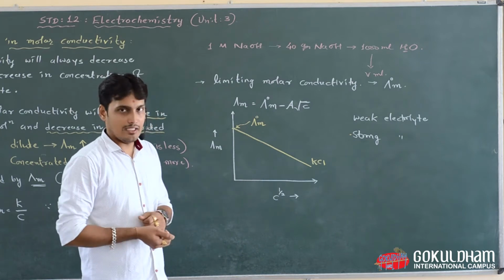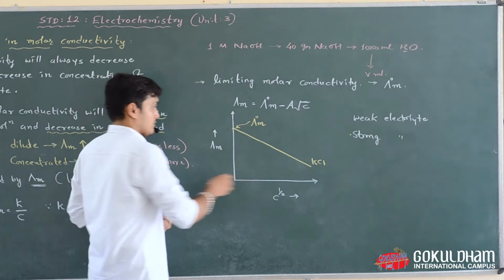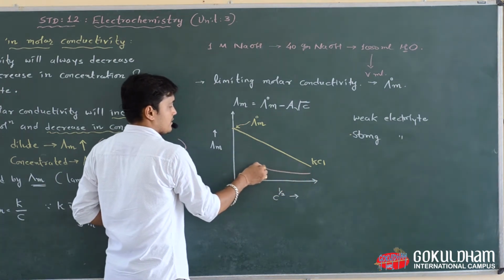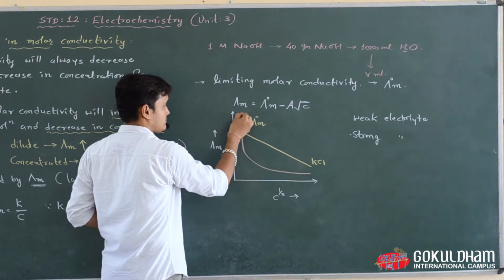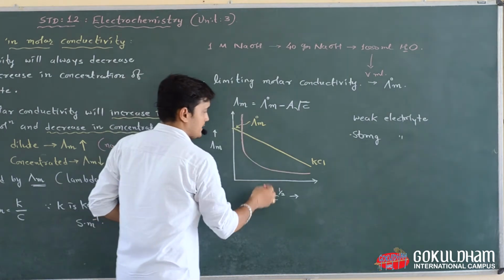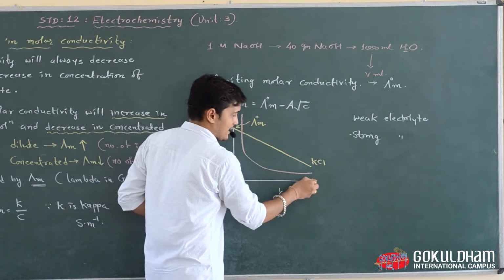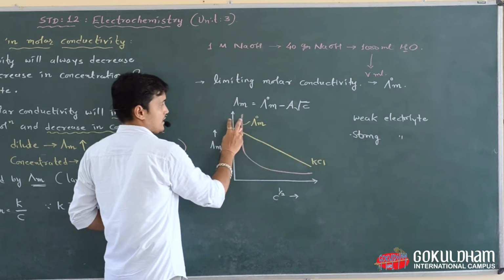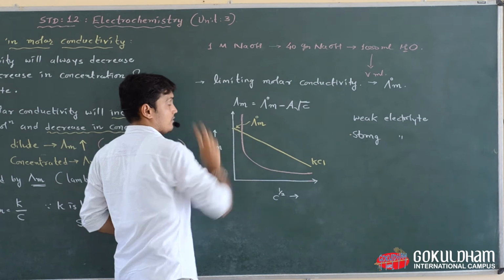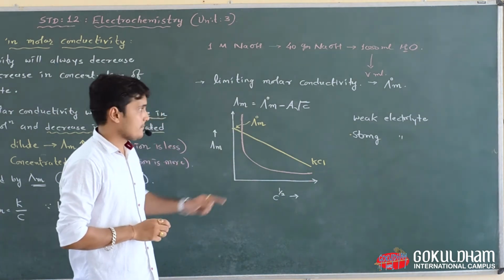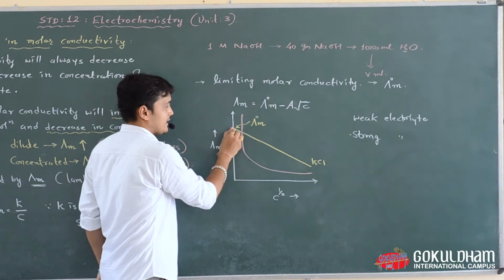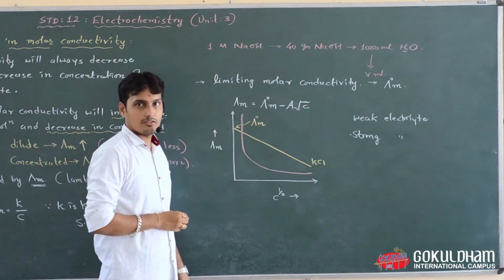In weak electrolyte, you get the graph in a curved motion. Curved motion means these two lines are parallel at infinite distance and these two lines are also parallel. That means in a weak electrolyte you do not get the intercept like in a strong electrolyte.